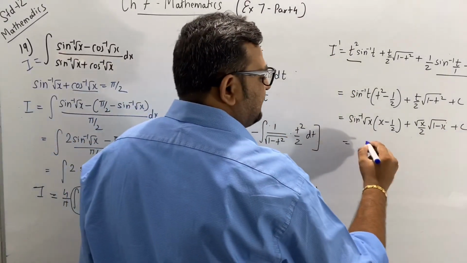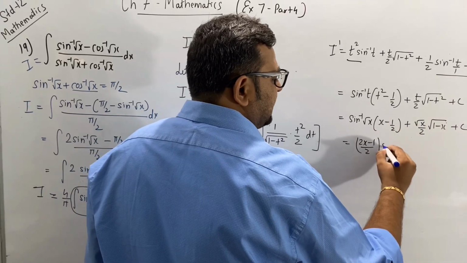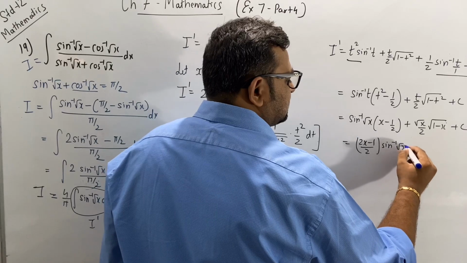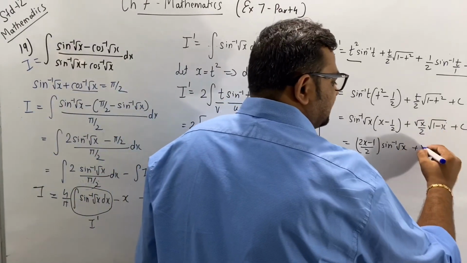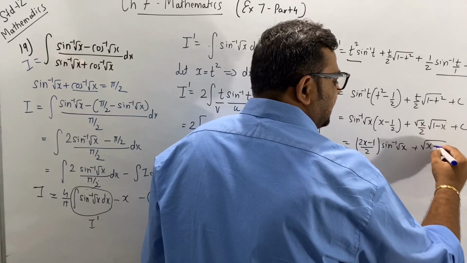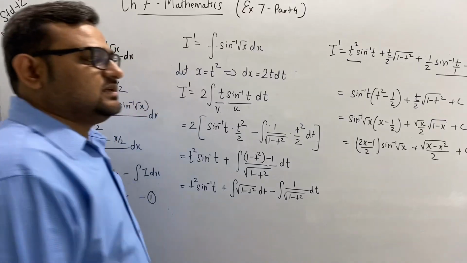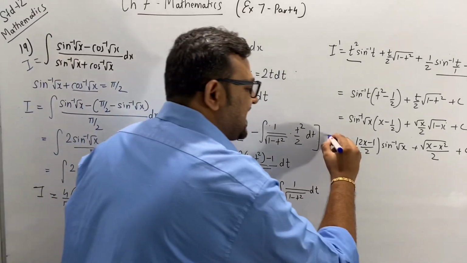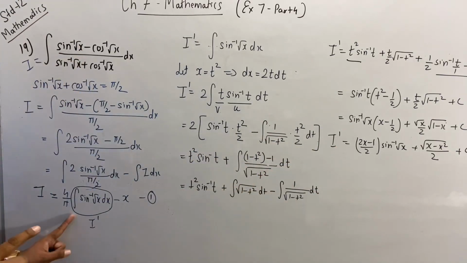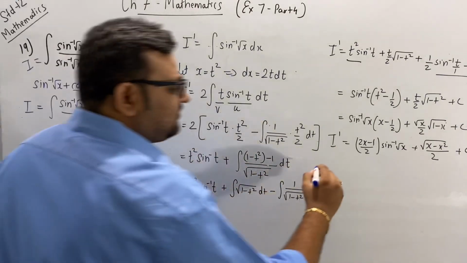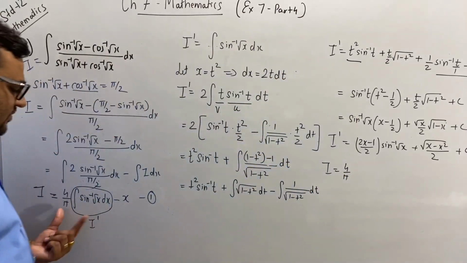We will take LCM. This 2x minus 1 by 2 sine inverse root x plus, I will multiply this, root of x minus x square by 2, plus c. Now this is I dash, not our final answer. Remember, we have to replace here. So I will be equal to 4 by pi multiplied by this.